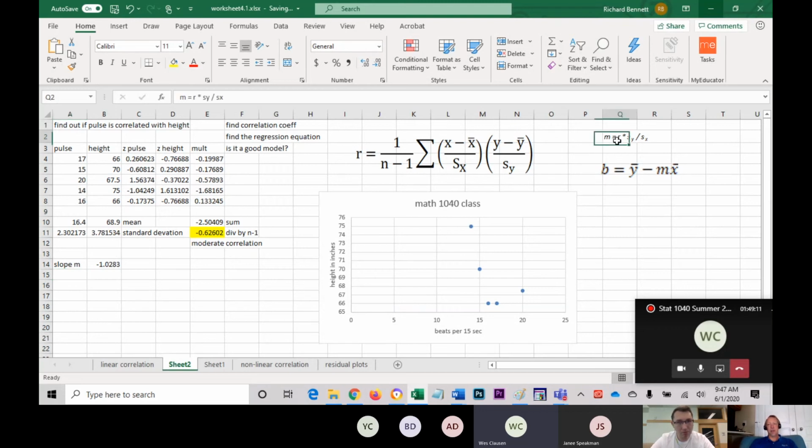The standard deviation of your pulse over the standard deviation of your height. Okay, so you just repeated what Janie did. So we've already found m. So now we need to find b, right?